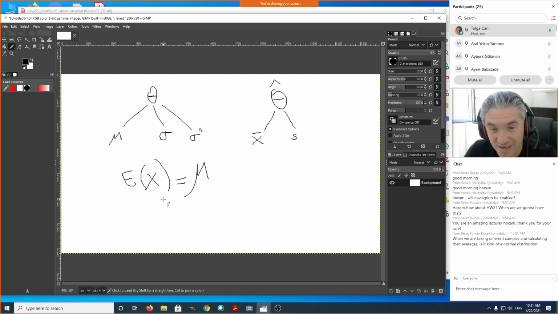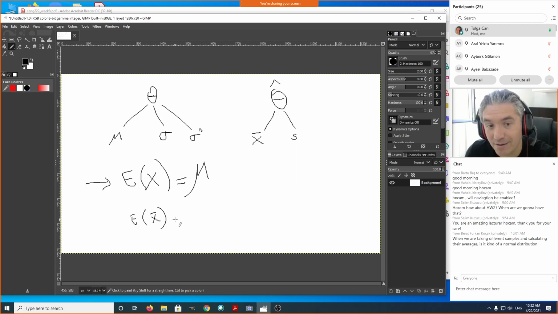So if we're given that the expected value of each one of them is mu, and we don't know what mu is, but this is something given. That's the population parameter, mu.